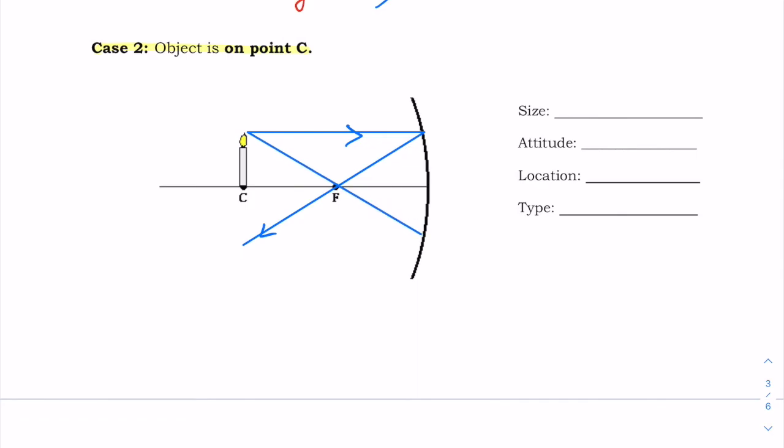That one reflects and comes out parallel to the principal axis. The third one I'm going to draw is the ray of light that passes through C. This one's actually kind of funny to draw. Notice that a ray of light that passes through C will just head straight down.